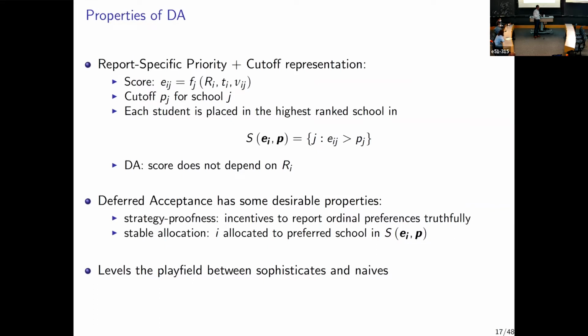I'm telling you how to get P_j. I can compute e_ij for each i that we observe in j, that was allocated to j. Then I can say, what is the minimum value of e_ij of someone that ended up in school j, and that is a pretty good approximation for P_j.